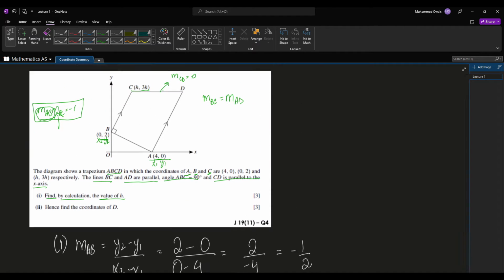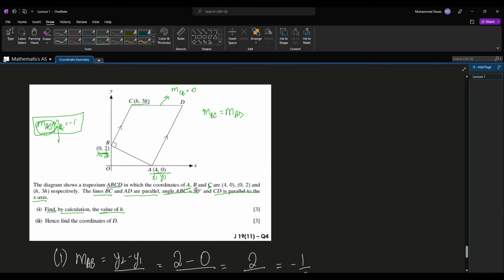And what shall we do with y2 and y1? Let's make this as (x1, y1) and this as (x2, y2). Okay, this was for before, this is for now. We just use these, so this is no longer (x2, y2), this is (x1, y1). So then let's continue.